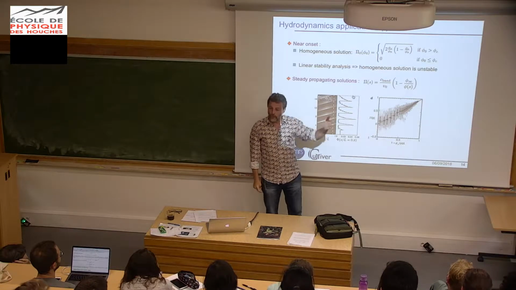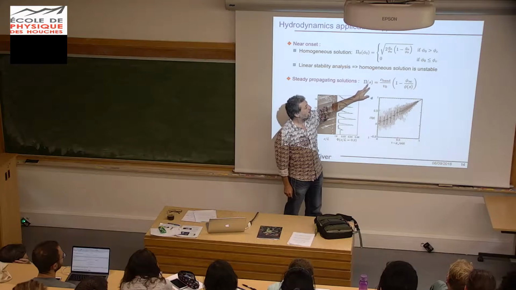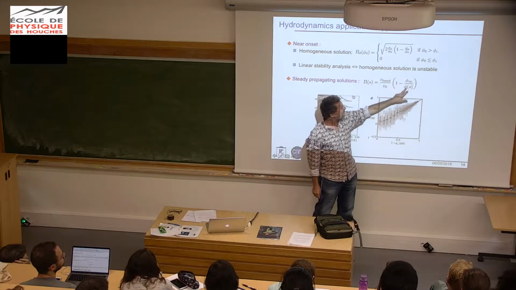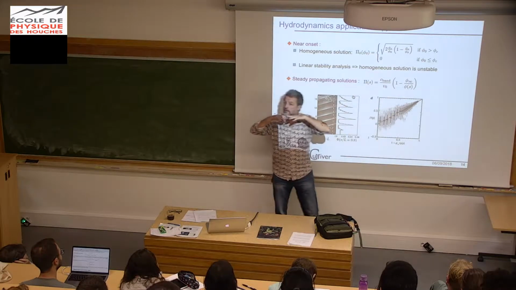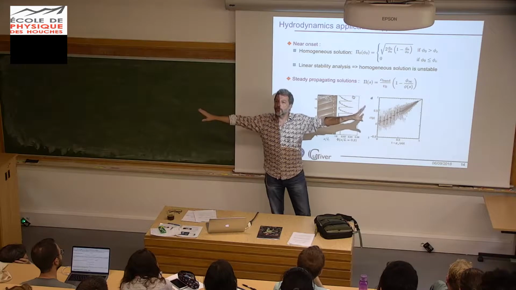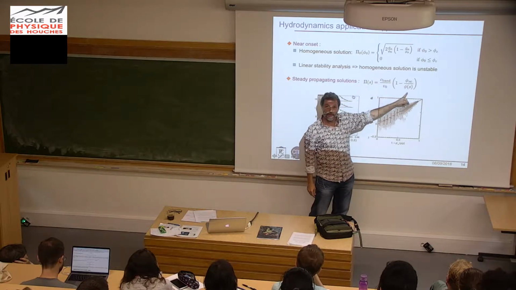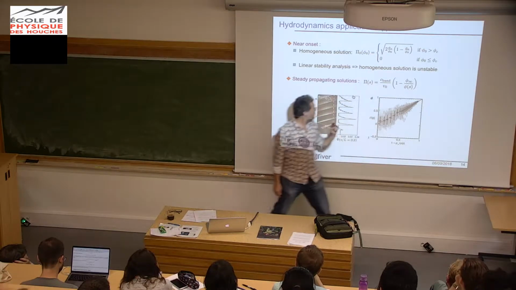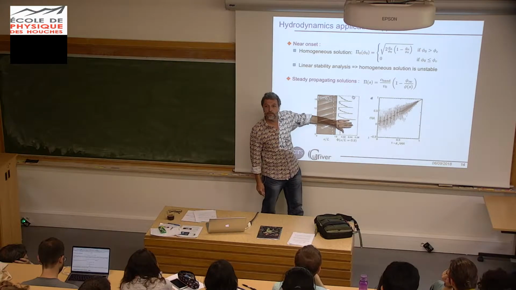Then you can make a prediction for the polarization inside the band as a function of the density inside the band, where phi infinity is the density of colloids far from the bands. So you have a close relation between the two, and this you can measure experimentally, and S is the distance from the front of the band.